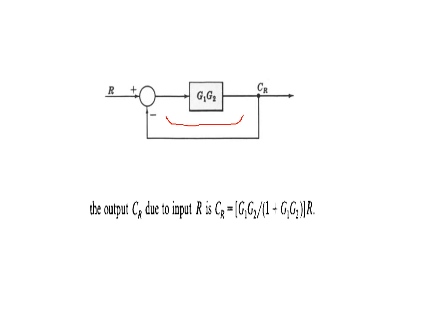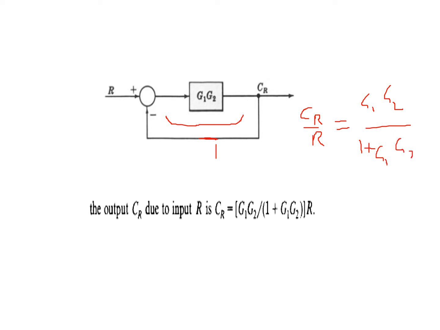In this, to find the transfer function C_R by R, it is equal to G1 G2 by, since this is negative feedback, 1 plus the gain of this feedback loop, which is 1, so 1 plus G1 into G2.